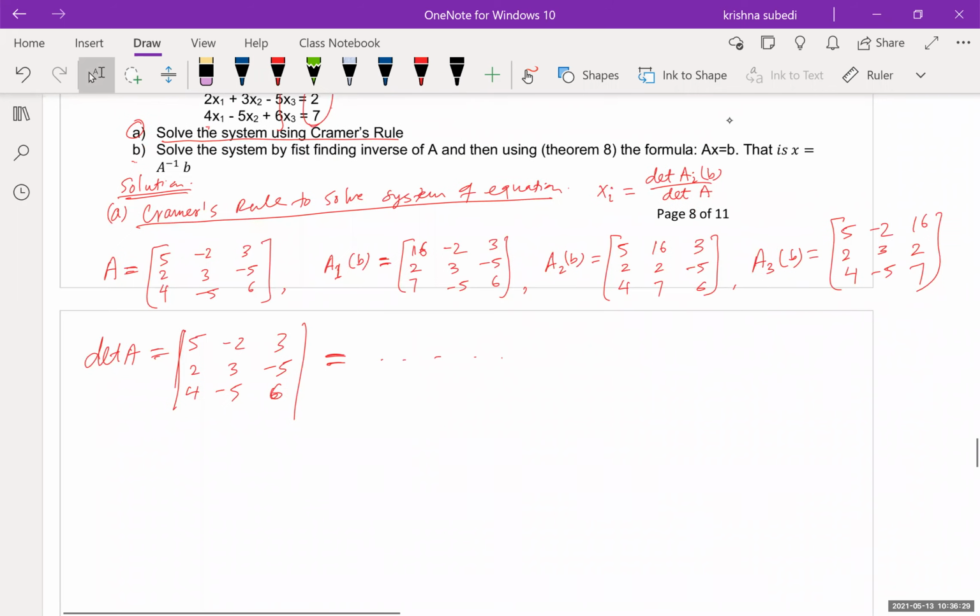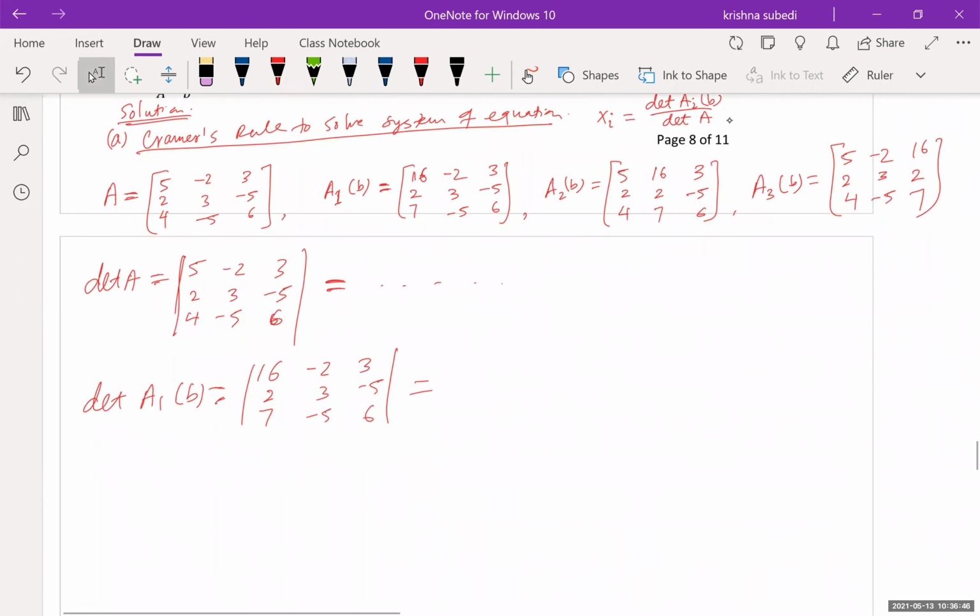Now in the same manner, I want you to find the determinant of A sub 1b, which is 16, 2, 7, -2, 3, -5, 3, -5, 6. Then find the determinant of A sub 2b, which is 5, 2, 4, 16, 2, 7, 3, -5, 6.